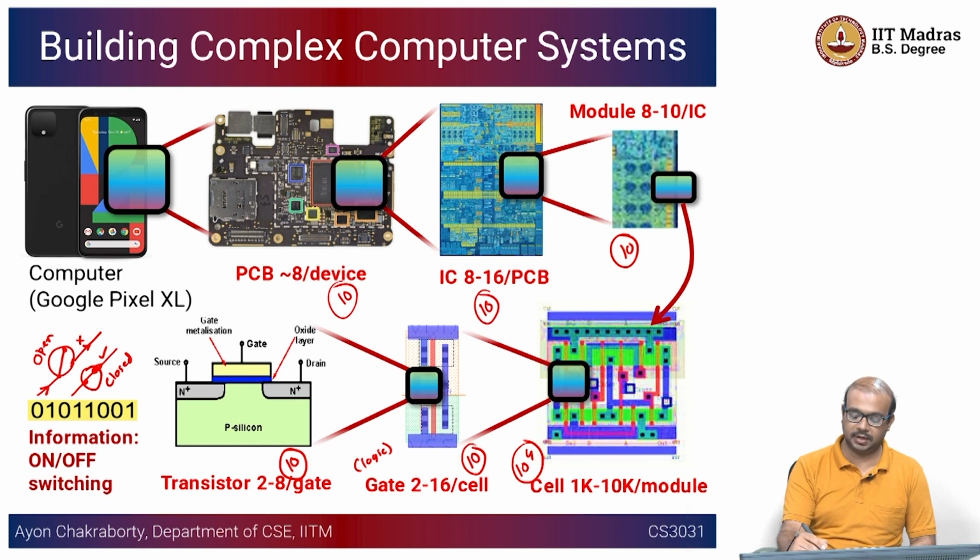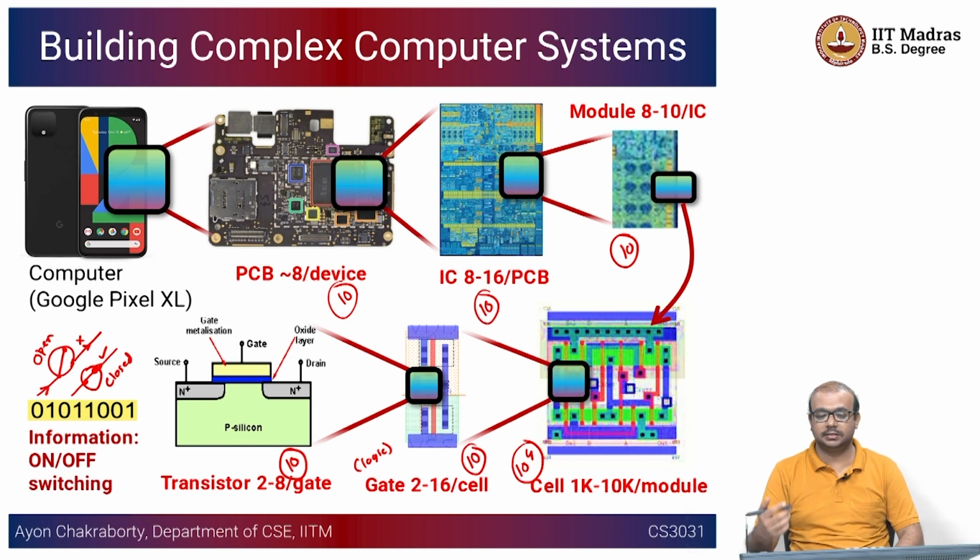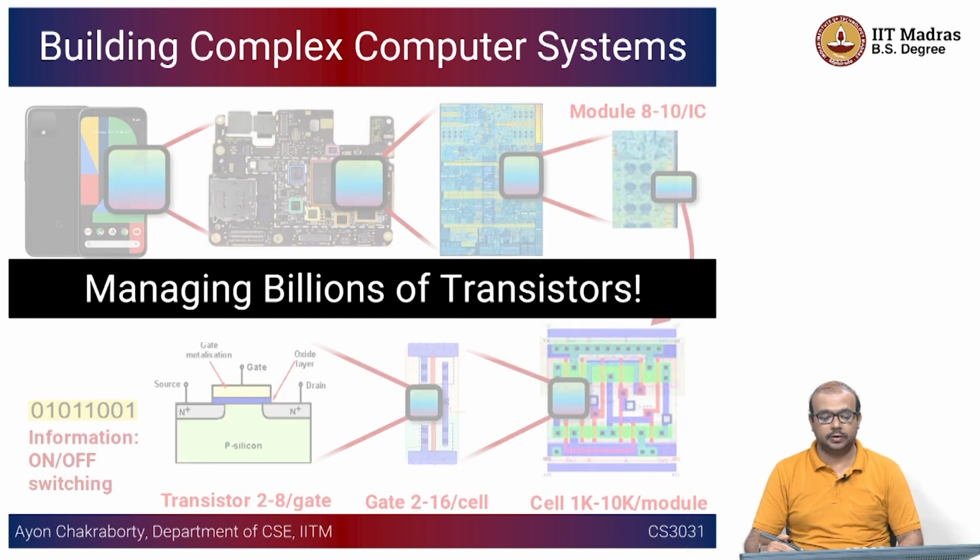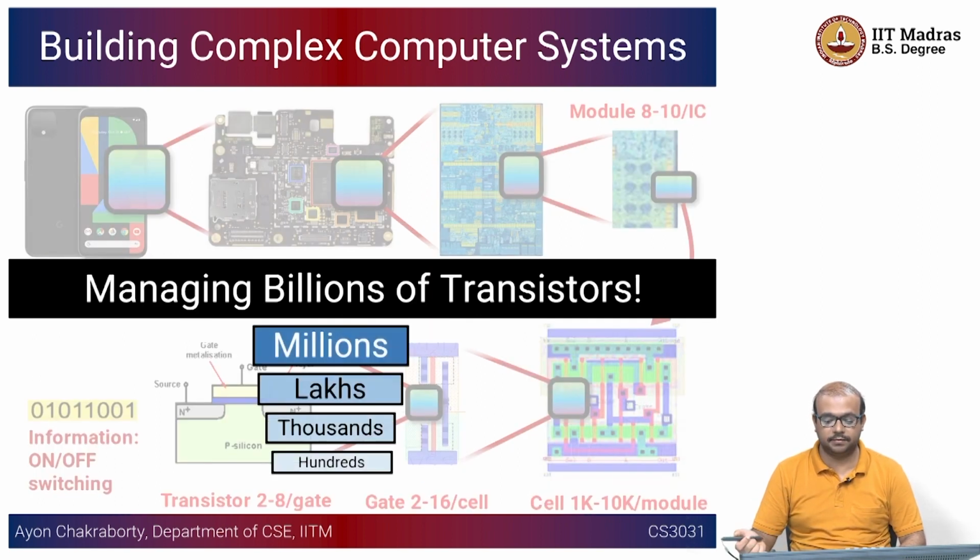So it is like 4 plus 1 is 5, plus 1 is 6, plus 1 is 7, plus 1 is 8, plus 1 is 9. It's kind of 10 to the power 9 sort of range we are talking about. So literally it is not just thousands or lakhs or crores, even more, right? It's hundreds of crores or more than that. So we are talking about managing billions of transistors. It's not millions, not hundreds, thousands, and so on.